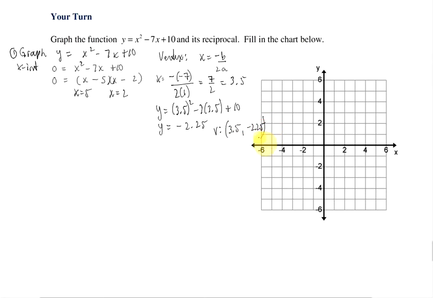So let's graph our original function then. Our vertex at 3.5 and negative 2.25, around there. We have an x-intercept at 5 and an x-intercept at 2.